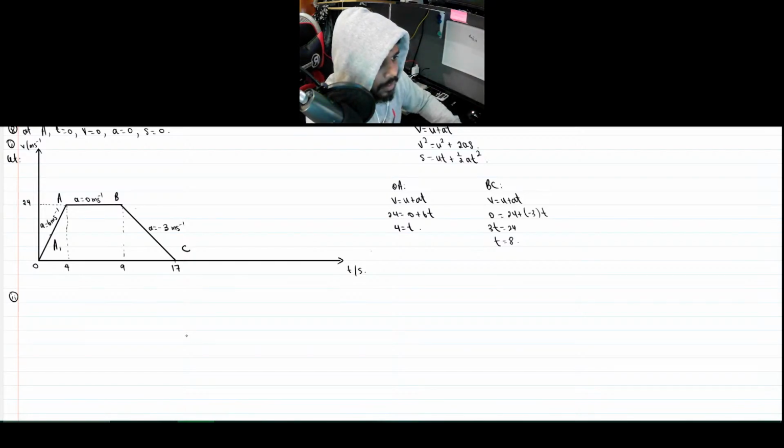Well, I could say this is A1, A2, and A3. If you want to label it as A1 and A2, you can say that one of them is a trapezium.